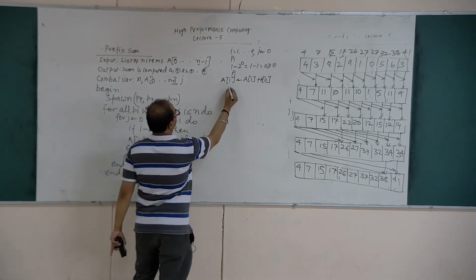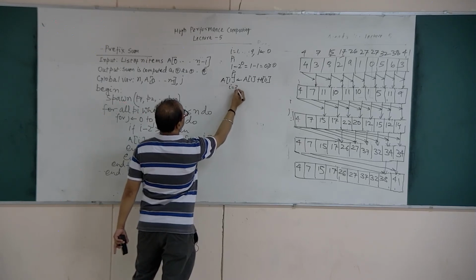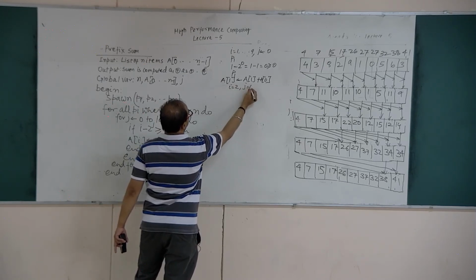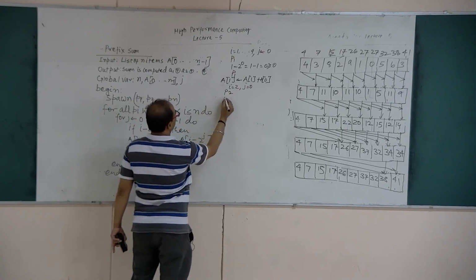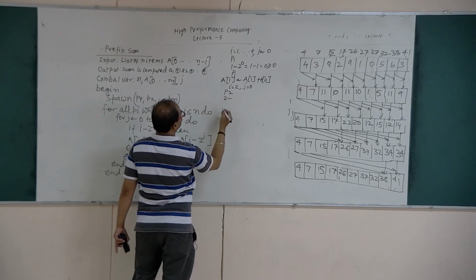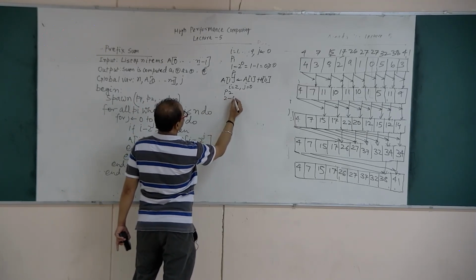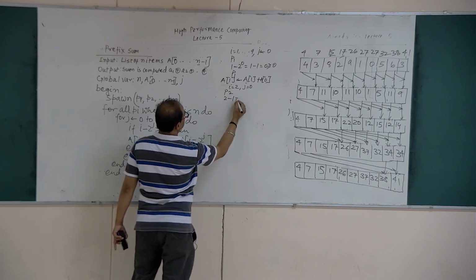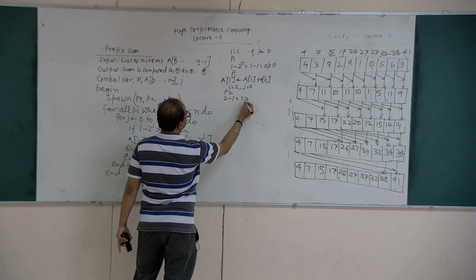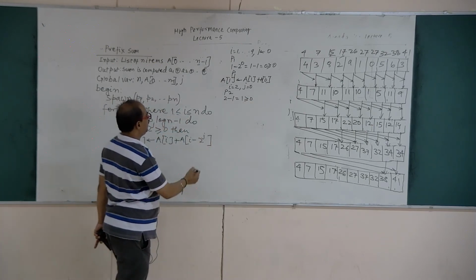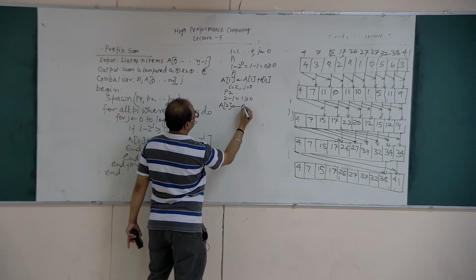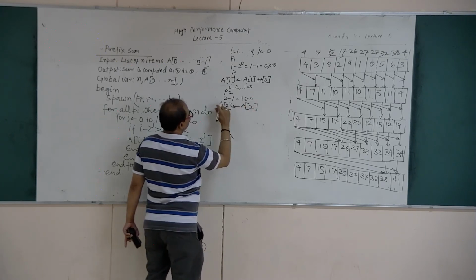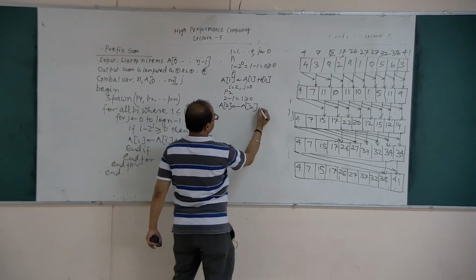Now the value of i is 2 and the value of j is 0. So processor P2 will check 2 minus 2 to the power 0, that is 1, and 1 is greater than or equal to 0. So the condition is satisfied. P2 will compute the sum and store it at A2, which is A2 plus A(2 minus 1), that is A1.